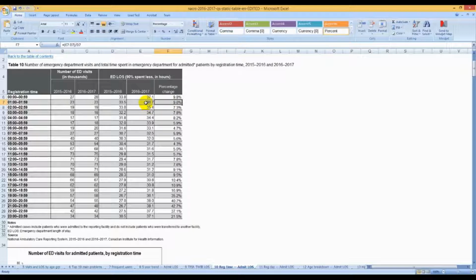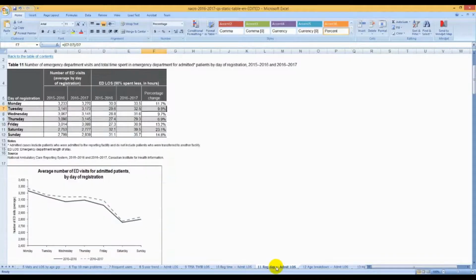Percentage change means compared to, for example, 1 a.m. to 2 a.m., 2016 has a NACRS percentile of 66.7 compared to 33, so it's around a 10% increase. Here has the formula. Now we understand table 10.